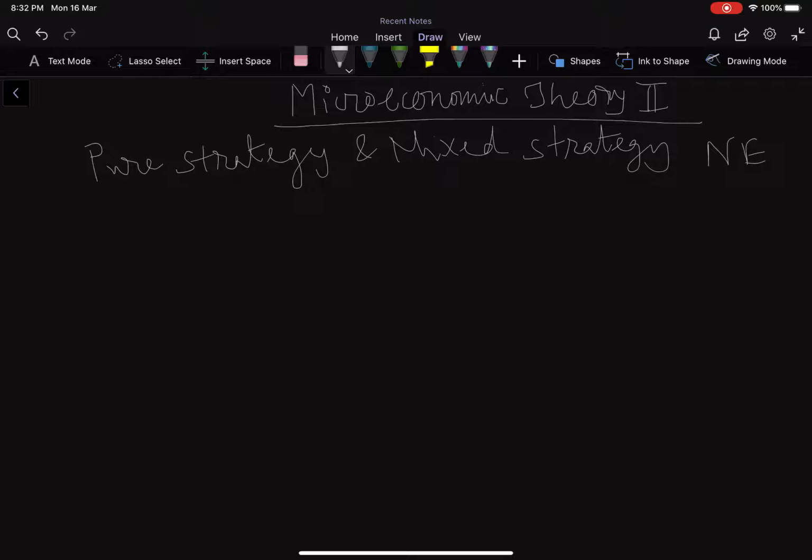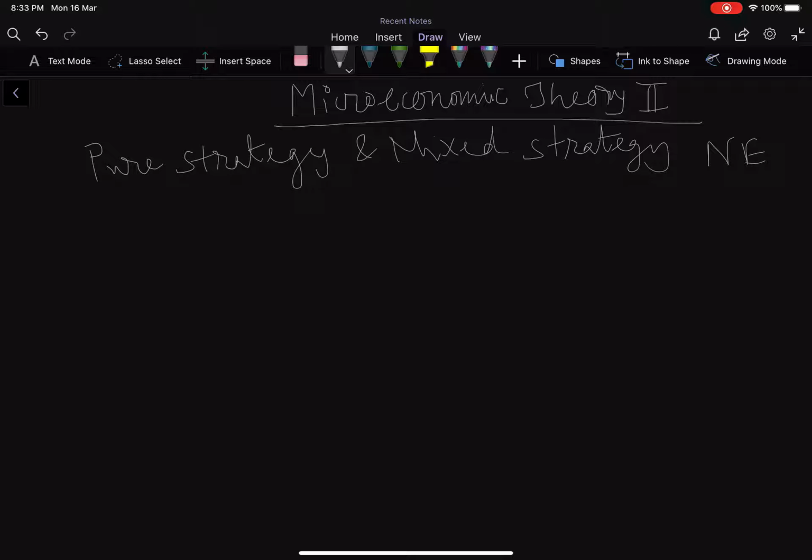Today I wanted to discuss 3 or 4 examples of pure strategy Nash equilibria. These are applications of the game theoretic concept of Nash equilibrium in a more realistic setting, and that would help you get a sense of how widely applicable the concept of game theory is, right?